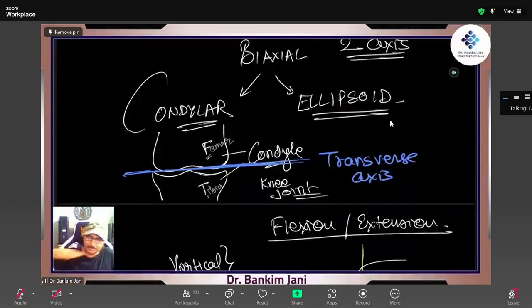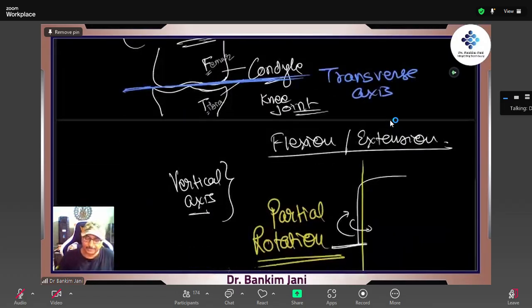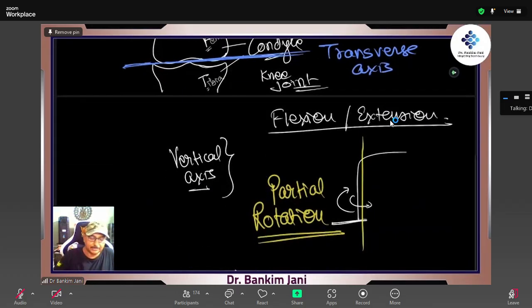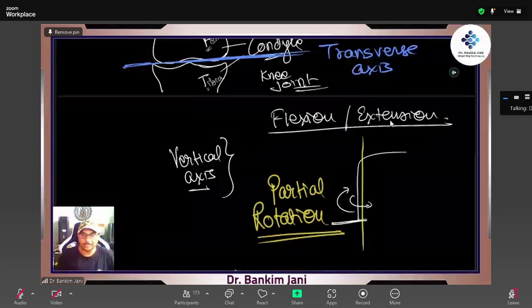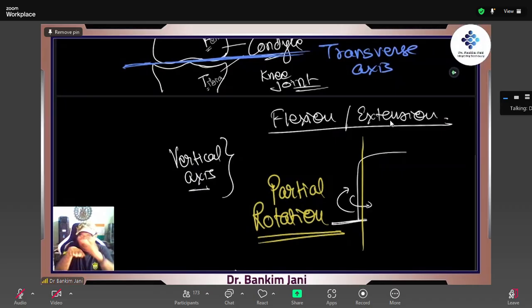Yes, transverse axis, because the leg is there. So you flex straight, right? Flexion, extension. So it is the transverse axis. Flexion, extension, right? And that is the transverse axis. But there is one more movement. Flex your knees to 90 degrees. Since you are sitting, it will be at 90 degrees. And that's your toe, right? That's your foot.